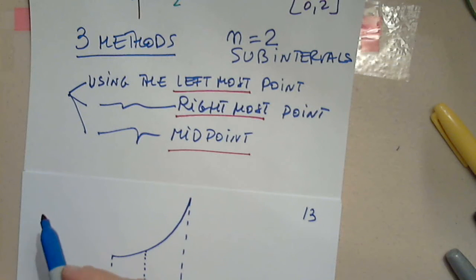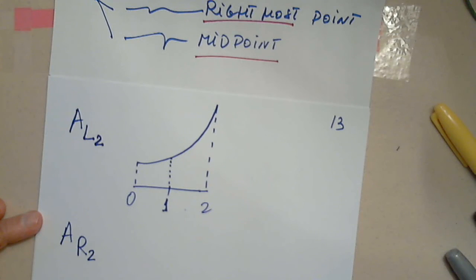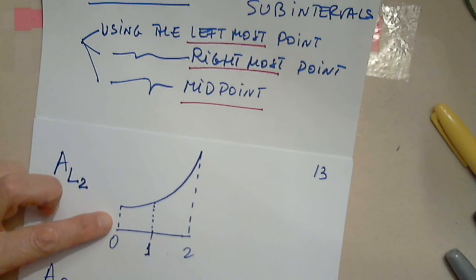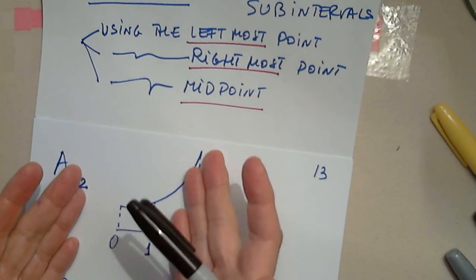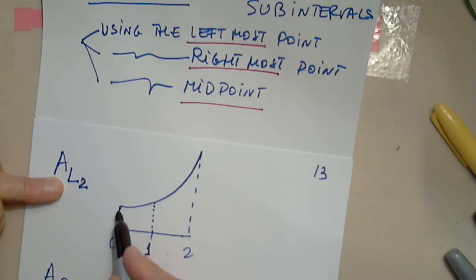I'm using the first method, the area with the leftmost point, 2 subintervals. Then we're going to look at the area with the rightmost point with 2 subintervals. And then finally the area with the midpoint with 2 subintervals. Leftmost point: I split the area into 2 rectangles using the height at the leftmost point.